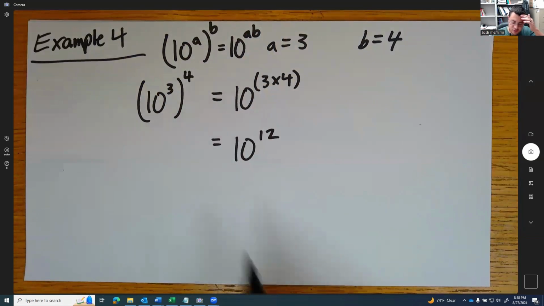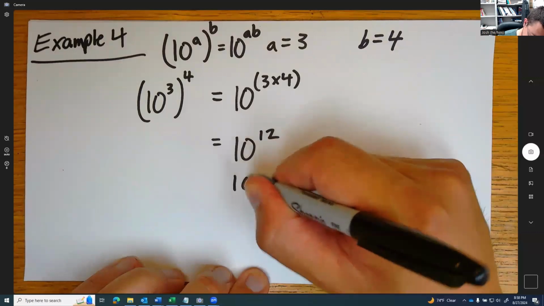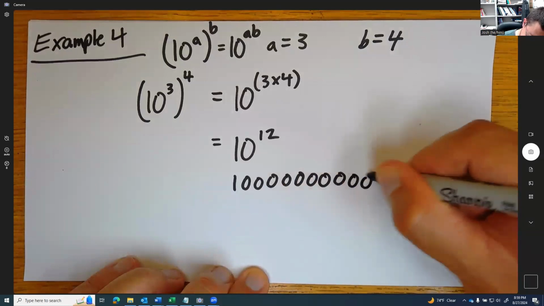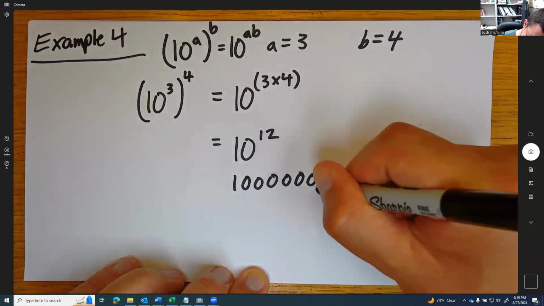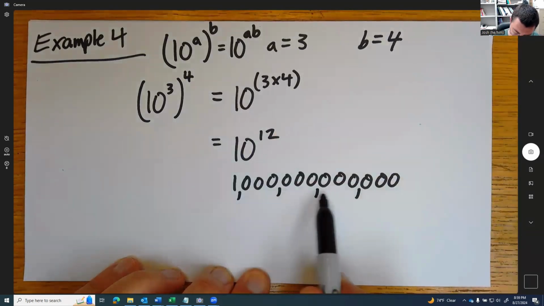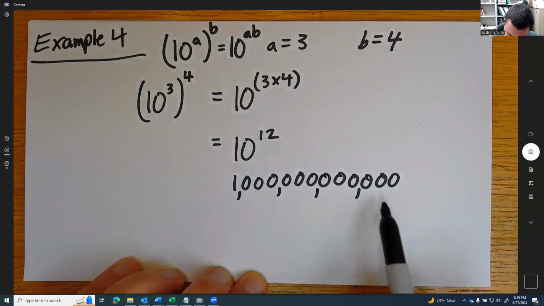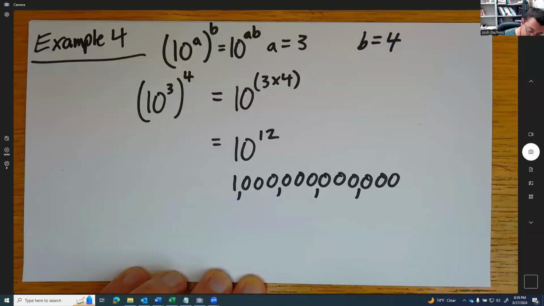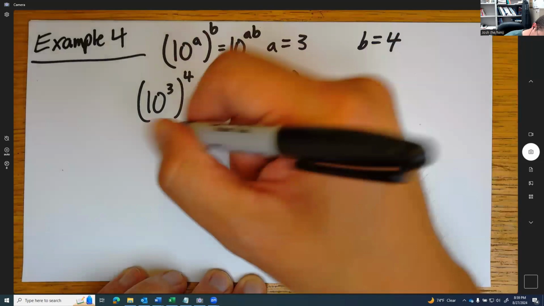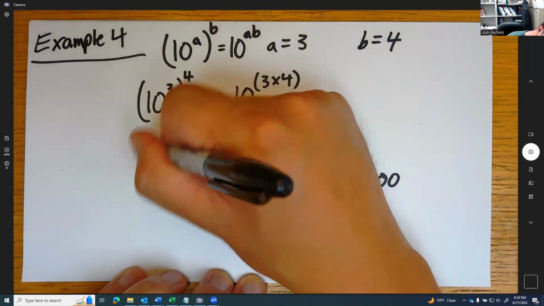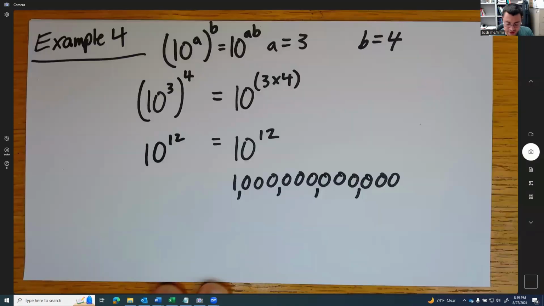So that's going to be a 1 followed by 12 zeros. 1, 2, 3, 3, 6. Okay, we're good. And then here, 3 times 4, so it would end up just being 10 to the 12th power.